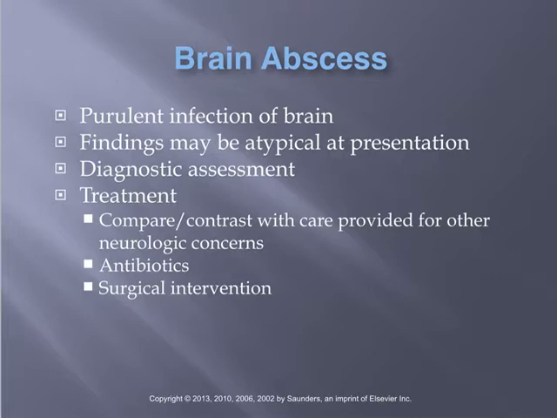The signs and symptoms include things like headache, confusion or inattention, seizures, increased intracranial pressure, and a focal neurological deficit. You can have nystagmus, you could have aphasia, or even ataxia. The tests that we perform to diagnose this are a CBC, CT, MRI, and a brain biopsy.